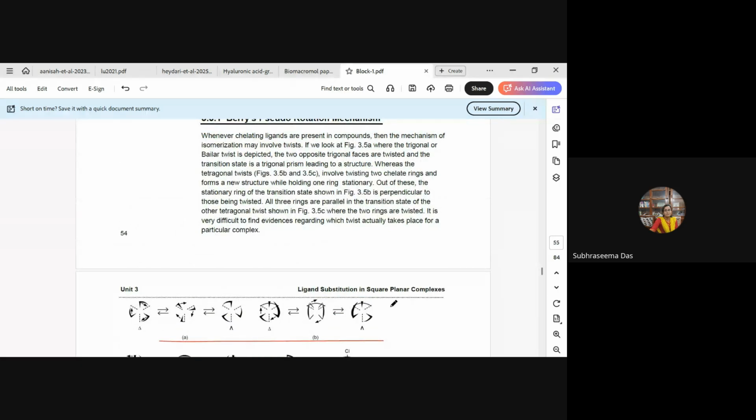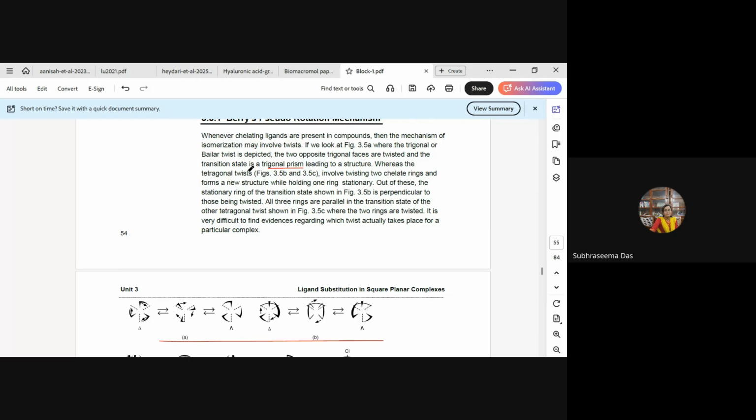So what are these? Individually we will look into it. First is the trigonal twist or Bailar twist. Here two opposite trigonal faces are twisted, and the transition state is a trigonal prism, finally forming the new structure. This is a trigonal twist.